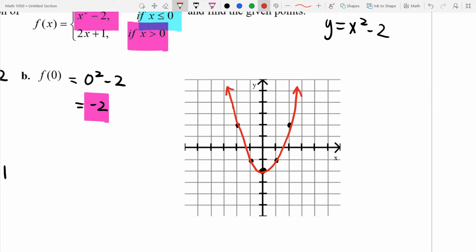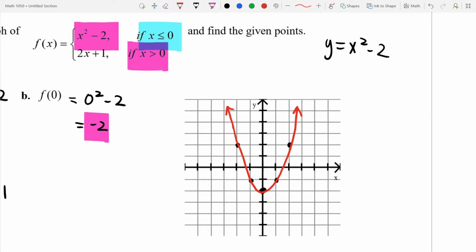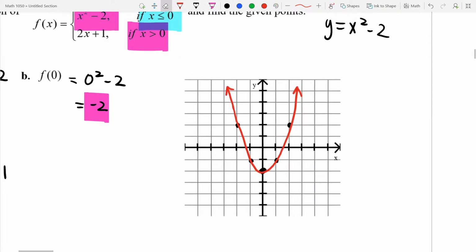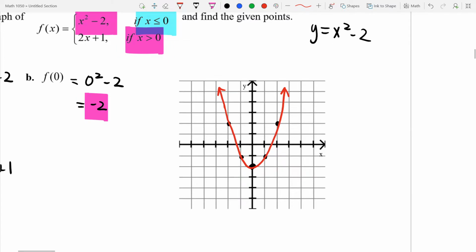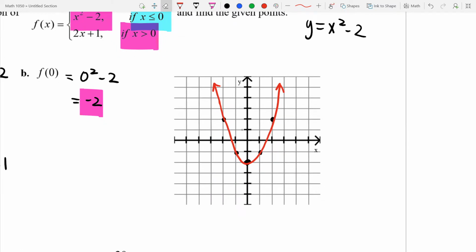Okay, now everybody watch. This is where people mess up. Okay, and the chance of it being there is kind of high. So I want everyone 100% right here. Okay, that whole graph is not supposed to be there. The only part of the graph that's supposed to be there are x values that are smaller than 0. It tells me right there.